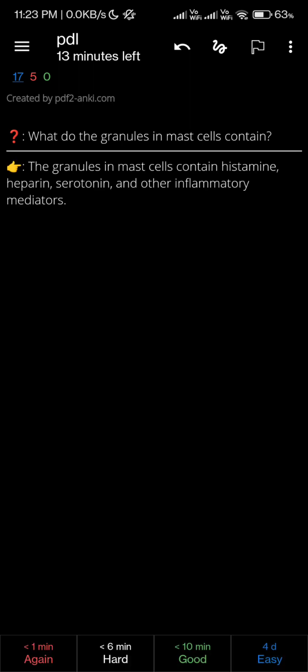What do granules in the mast cells contain? Histamine, heparin, serotonin, and other mediators. Macrophages are defense cells undergoing phagocytosis.